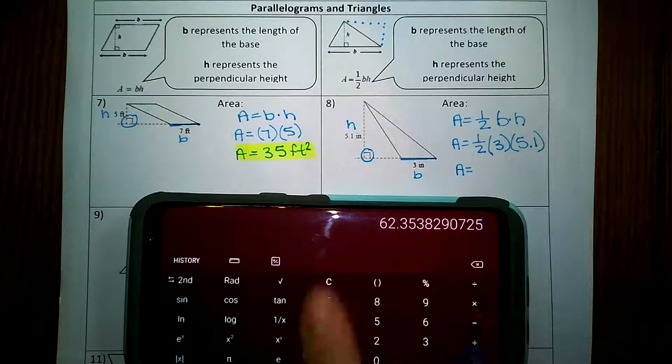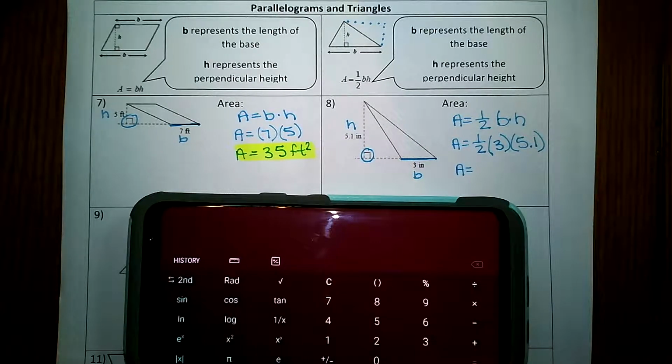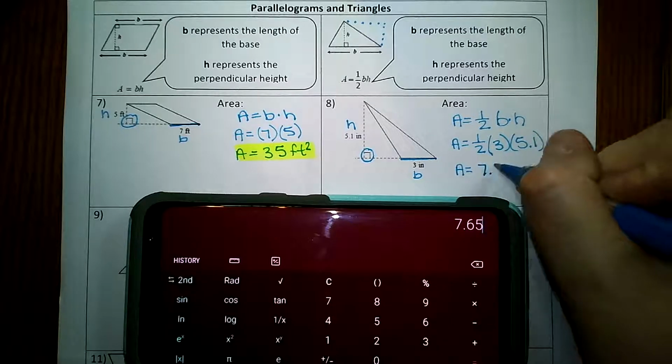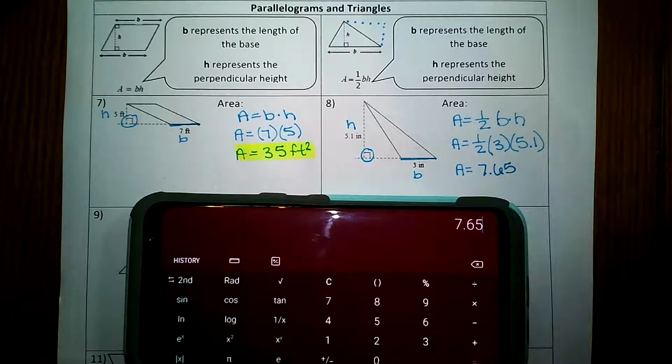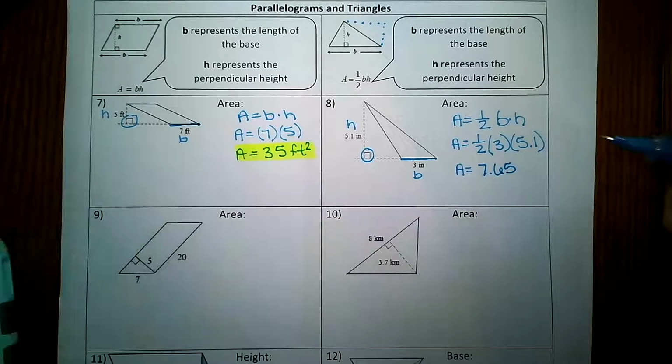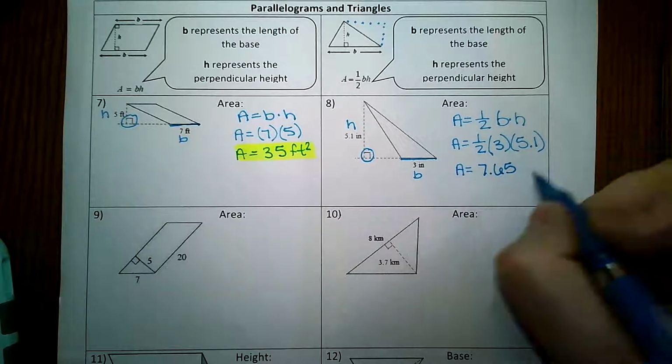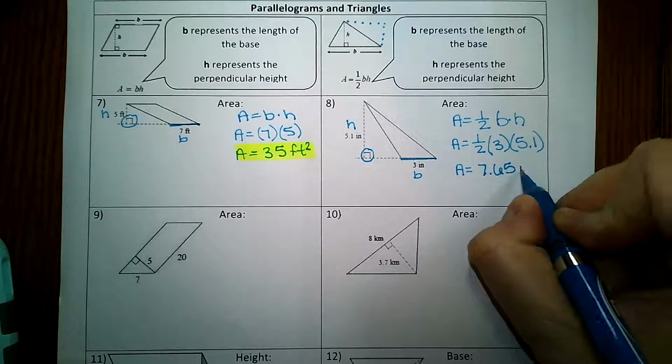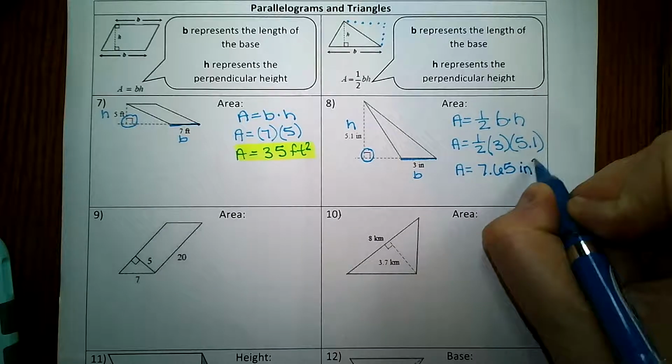I'm going to type it in one giant string. Half, that's 0.5, times the base times the height. So all 3 numbers multiplied together give me 7.65. And that is the area of this triangle. That's how much space it covers. So we're not just measuring in linear inches, we're measuring in inches squared.